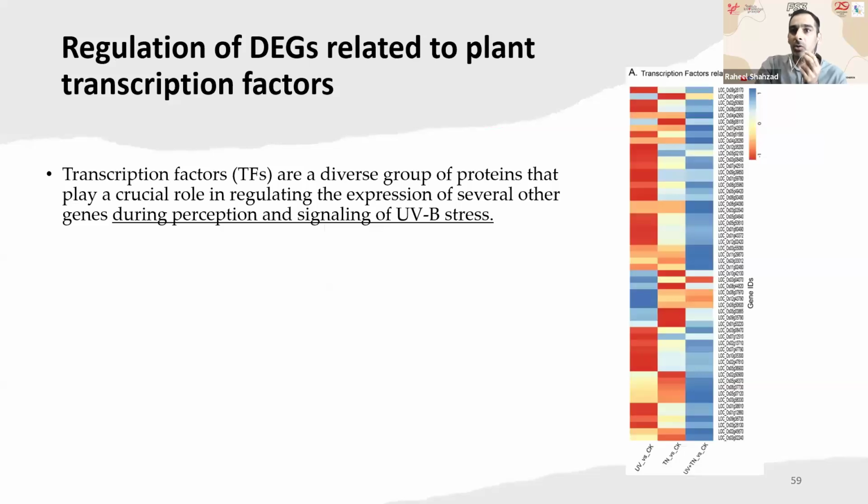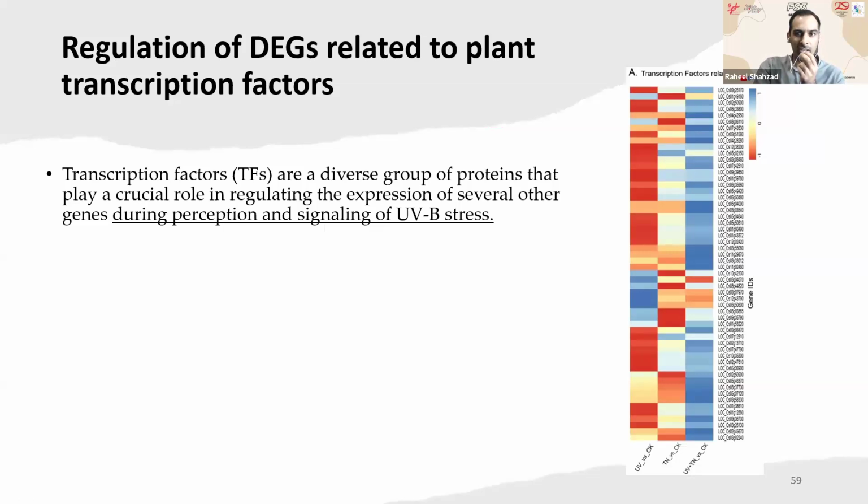Yeah. So if we talk about the transcription factors, we find very dynamic changes between the three groups. If you see on my right-hand side, we have only taken the commonly expressed genes among three groups, and then we mapped them using a heat map.